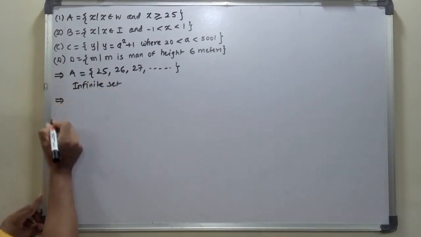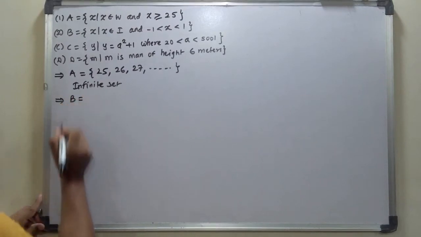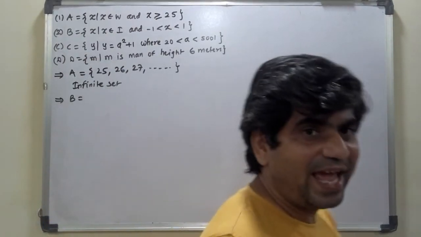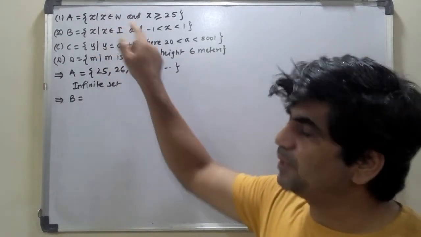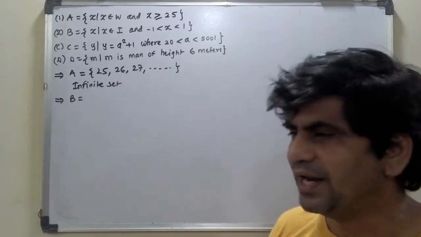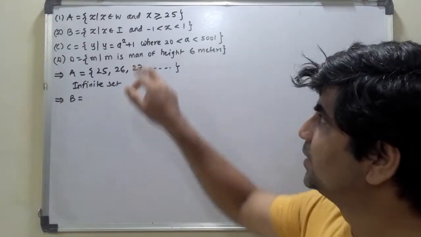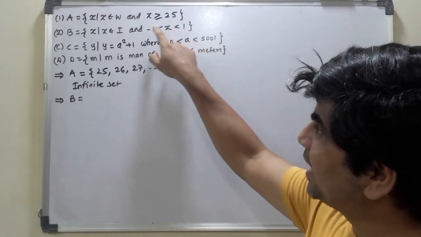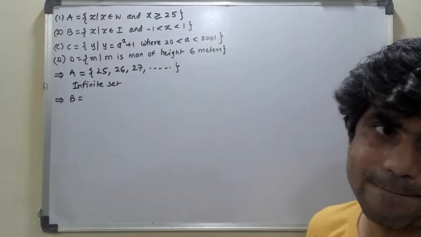What about set B? B is the set of all x such that x belongs to integers. I told you in standard 9th we write it as I; later on it will be written as Z. And x is greater than -1 but less than 1.